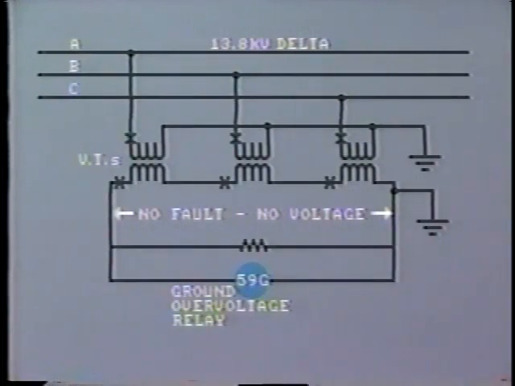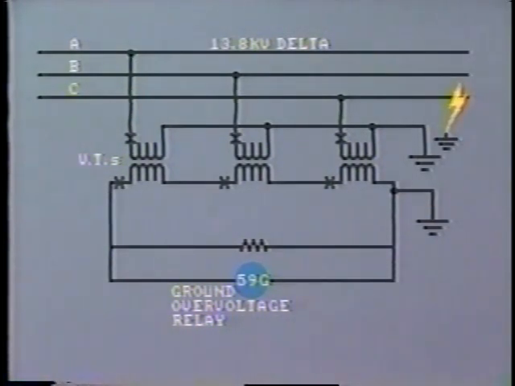If no fault exists, there is negligible voltage across the relay because the balanced voltages produced in the secondaries cancel each other out. Now, in the case of a ground fault on one of the lines, the voltage to ground on that phase is reduced. This reduces the voltage across the primary of that phase.